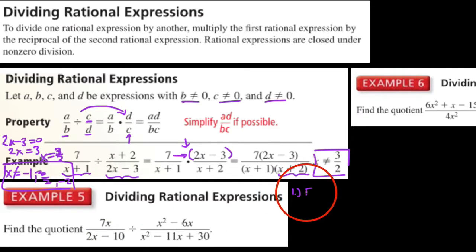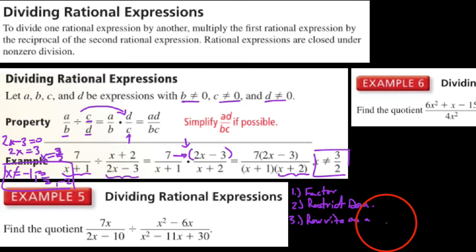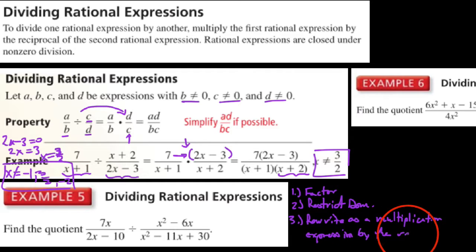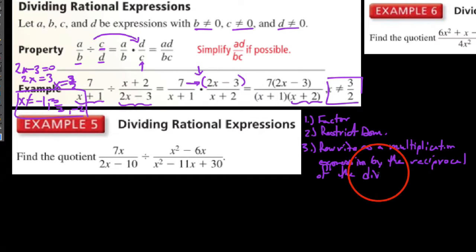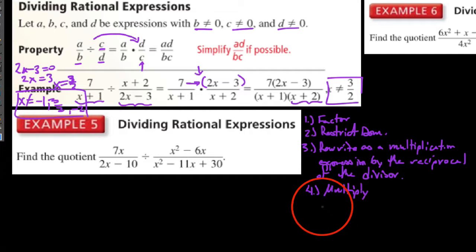First, we would factor to restrict the domain. Third, this will be an additional step that only applies to division: rewrite as a multiplication expression by the reciprocal of the thing we were dividing by, the divisor. Then we multiply and simplify.